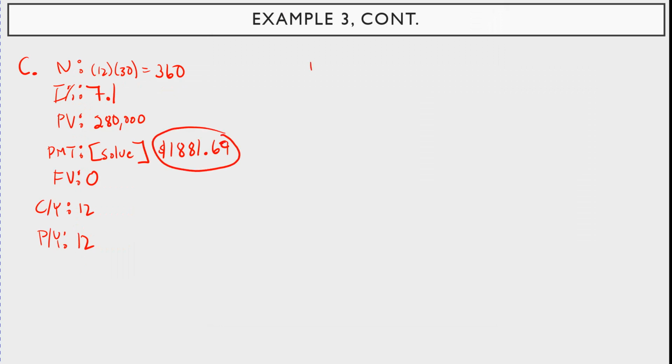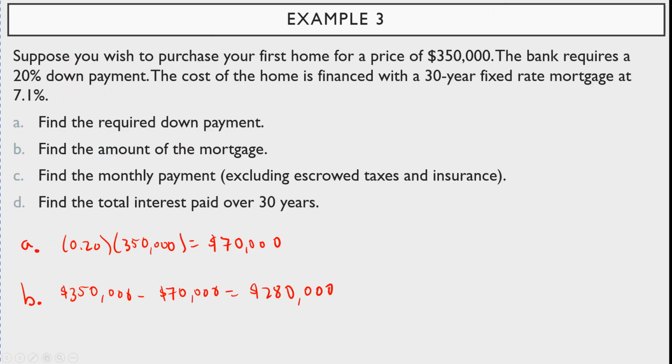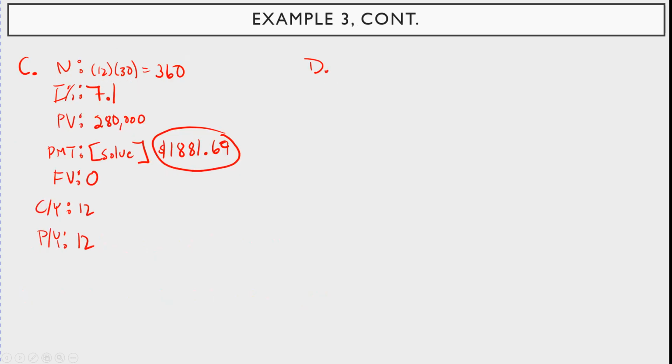Okay. Part D said, find the total interest you paid over 30 years. Okay. Well, the total interest will be the total payments you make minus the loan amount.